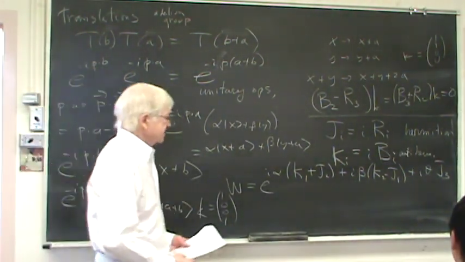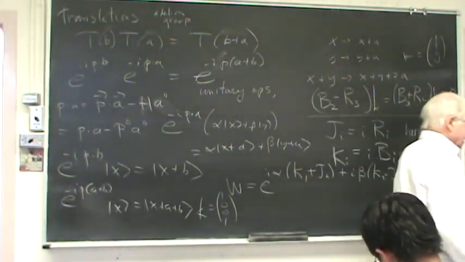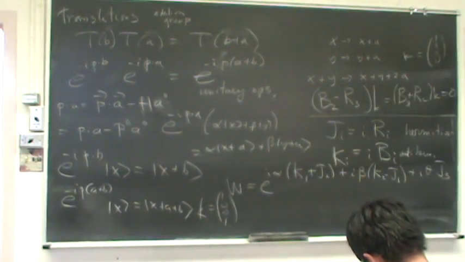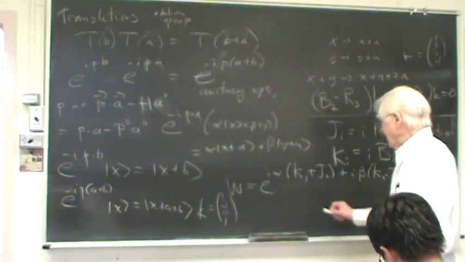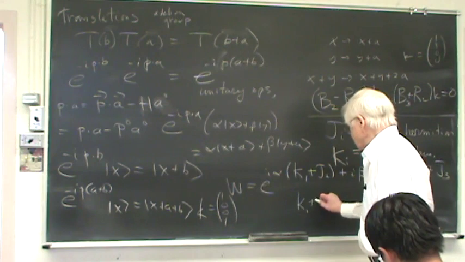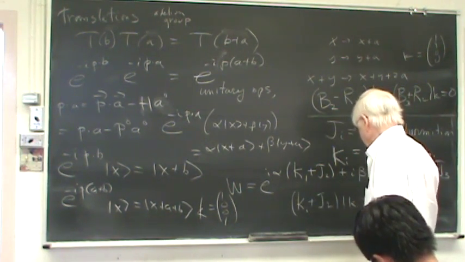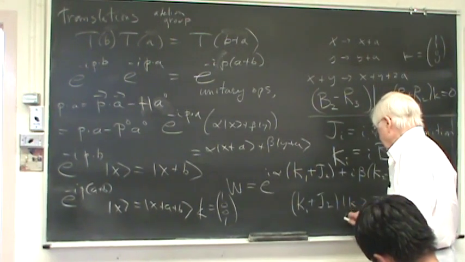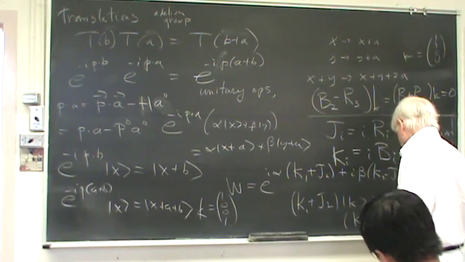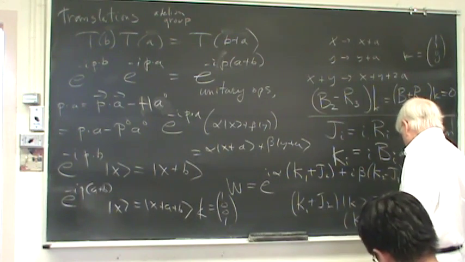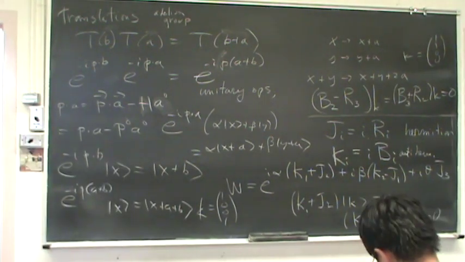But on the other hand, because of the K's here, there are no finite dimensional representations. And so what Weinberg does is say that K1 plus J2 simply annihilates the massless state K, and that K2 minus J1 also annihilates the state K for the massless case.